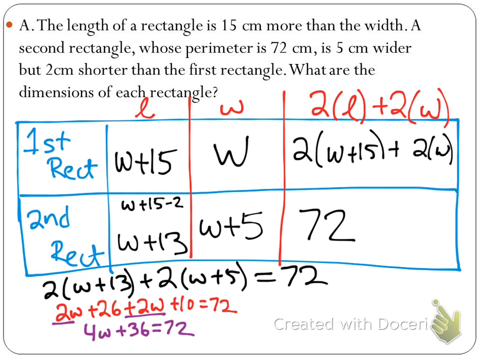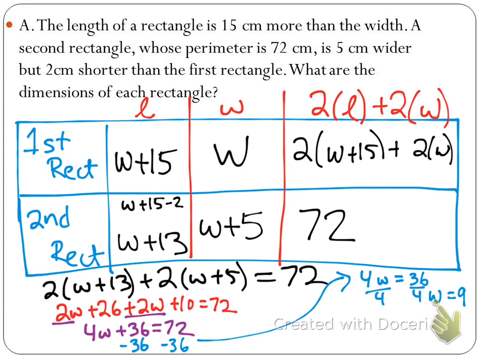And then solve for W. Does anyone know what W is? Yeah, I think W is going to equal 9, right? Okay. I'm getting W equals 9. Everybody still with me? Okay.